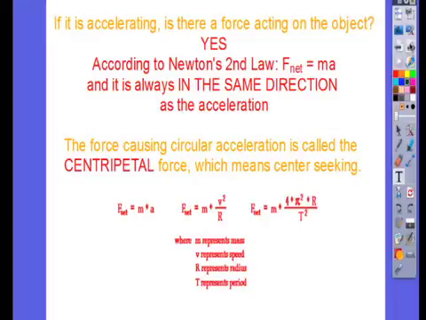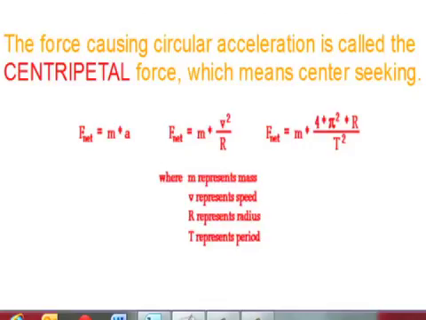To find that force, again, it's the same equation for Newton's second law. F net equals ma. We can substitute in for a, v squared over r, or we can substitute for 4 pi squared r over t squared. Those are the same equation 3 different times. It depends on what information you have. So if you had mass and acceleration, you can easily calculate the net force. If you didn't have the acceleration, but you had the velocity and the radius, and so on.